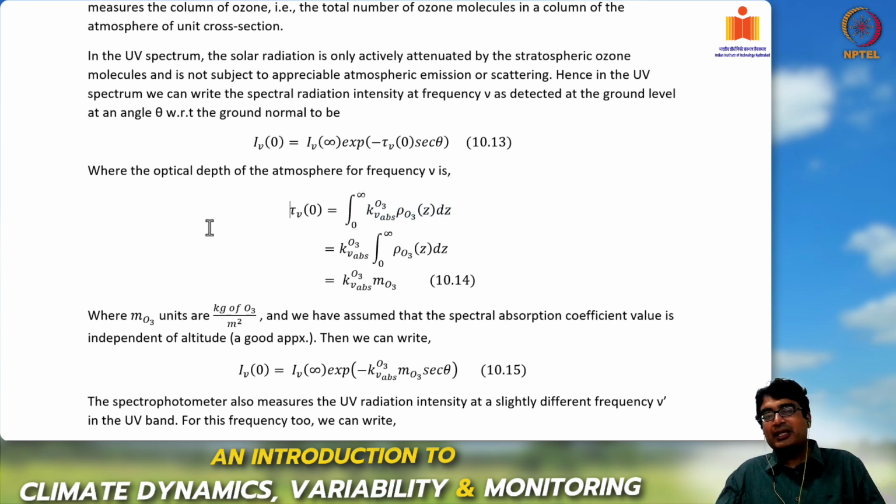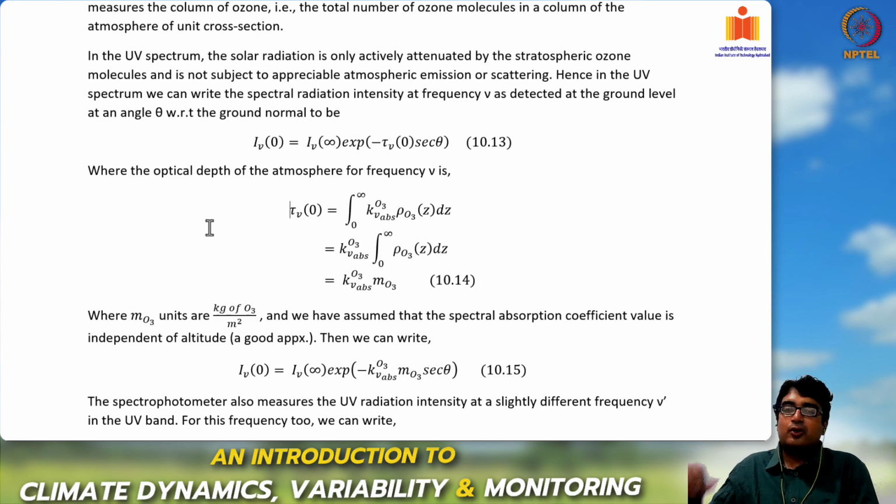If we assume that the absorption coefficient of ozone is constant and does not change with altitude, which is a reasonable approximation to have, even though there is some temperature effect as we discussed previously, we can take the K nu absorption O3 as a constant out of the integration. Then you get the partial density of ozone multiplied by the differential altitude integrated over the entire altitude. So, kg per meter cube into meter, which becomes kg per meter square.